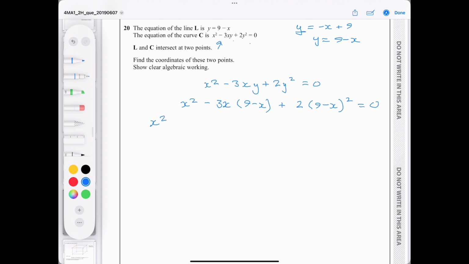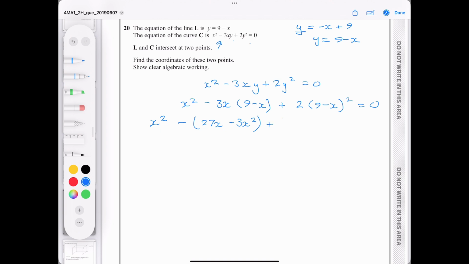So x squared minus, and 3x times 9, I'm going to keep this in a bracket, so 3x times 9 would be 27x, and then 3x times minus x would be minus 3x squared. I'm putting it in the bracket so I can see how the minuses work.